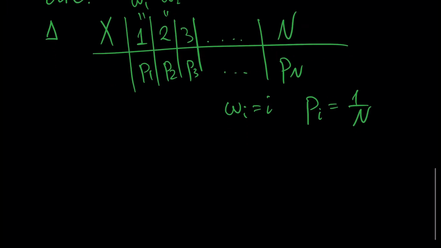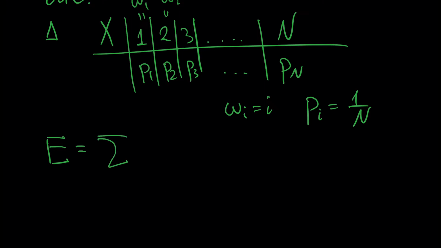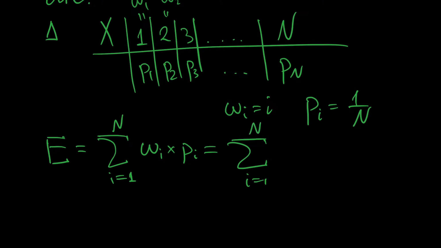Our problem is just to calculate the expected value of dots on the upturned face, which is the mathematical expectation. Once again, this is the summation from 1 to n of omega i times the probability of this outcome, which is i times 1 over n.